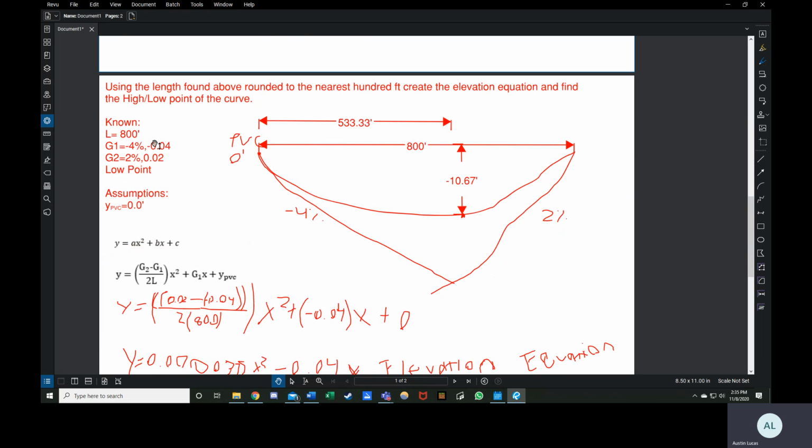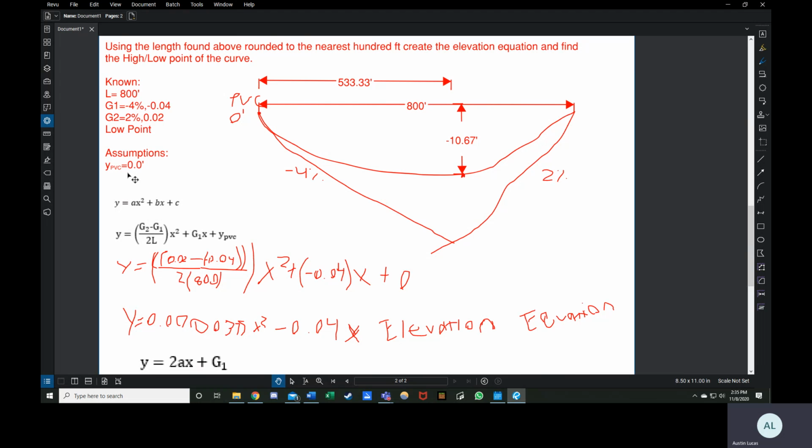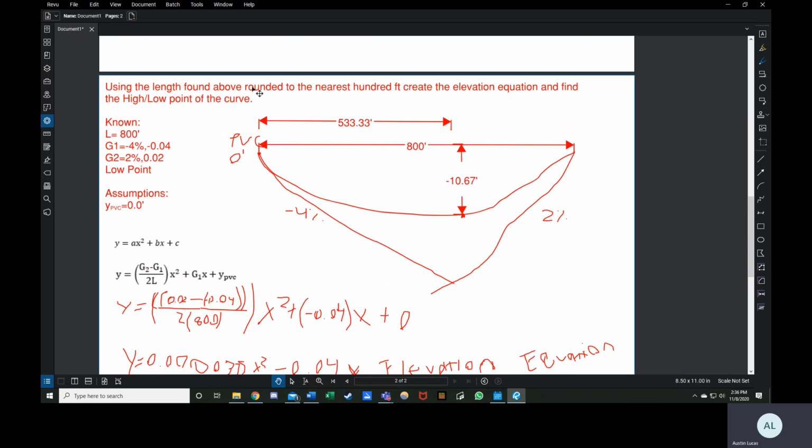So we know our length is 800. Our grades aren't going to change. And since it's a sag curve, we know later on we are going to be finding a low point. The only assumption I have made for this part of the problem is that the elevation of PVC, the start of the curve, is 0 feet, because there's no specification in the question of what elevation PVC is.